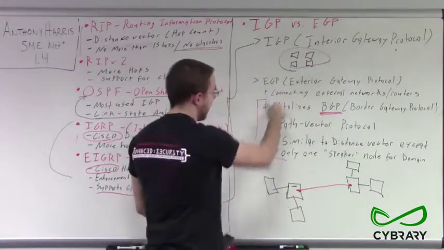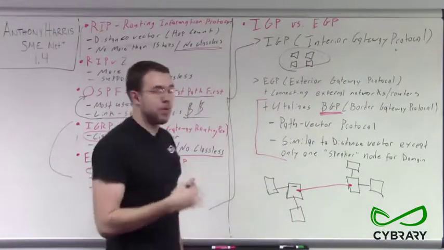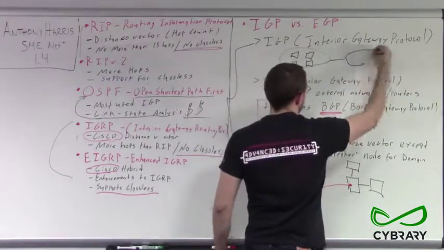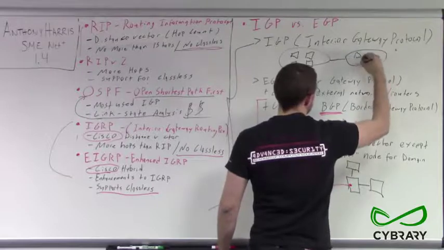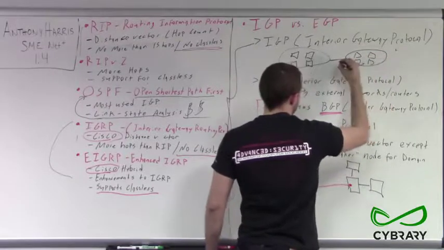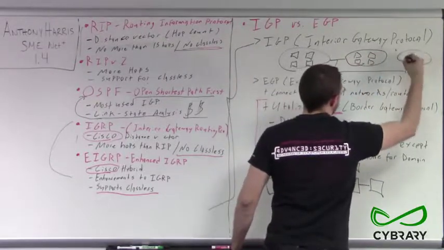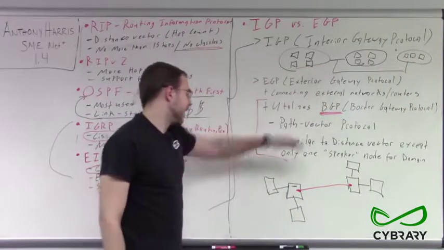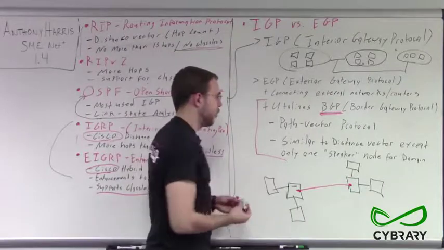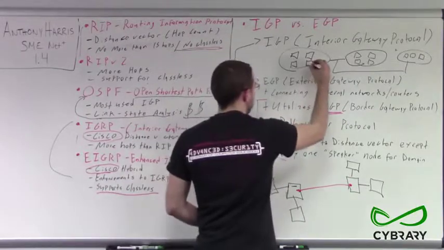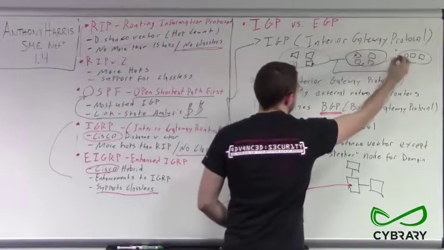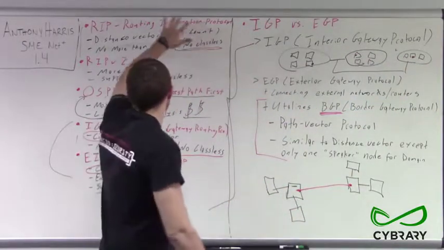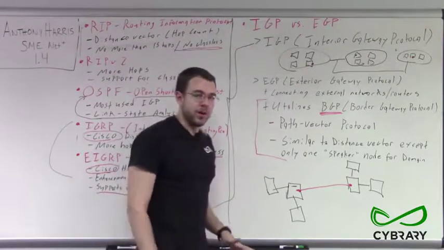And then EGP, exterior gateway protocol, being our networks connecting out to the internet, all of the different domains, all those different networks out there. EGP utilizes BGP, Border Gateway Protocol, in which each domain chooses a speaker node. One speaker node per domain. And IGP contains all of these different protocols which we talked about.